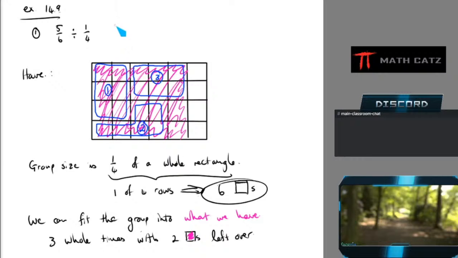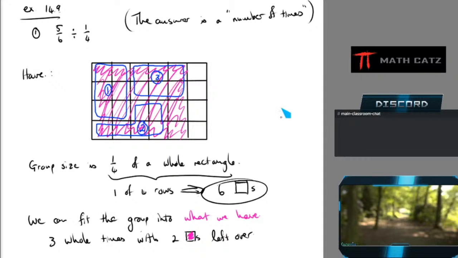So how should I write this here? Let's say here, the answer is a number of times I'm able to do what they tell me to do, not a portion of a rectangle.